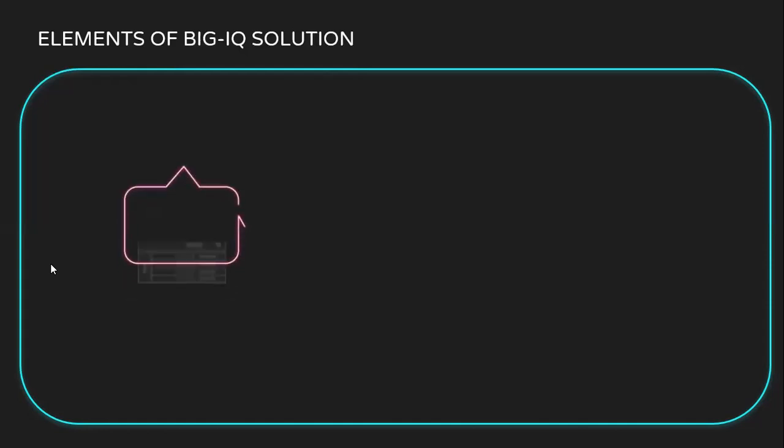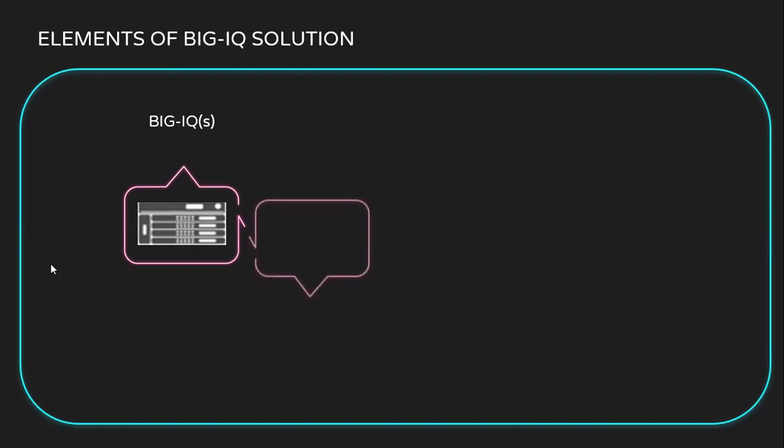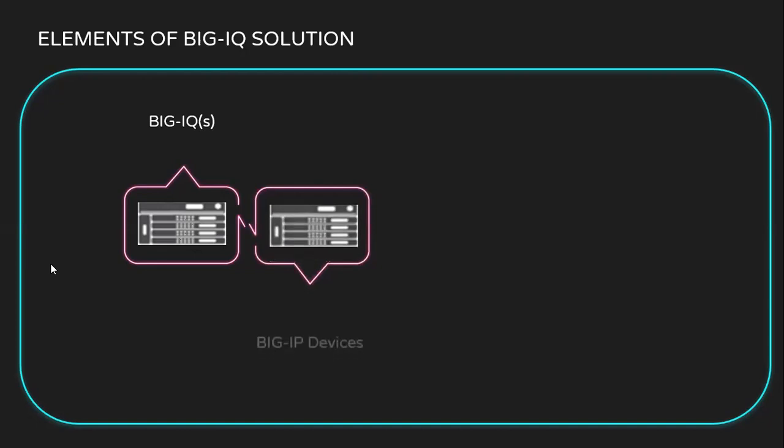Let's look at the elements of the BigIQ solution. The first element would be your BigIQ, the centralized manager. You can have either one centralized manager or be deployed in active standby. The second part is the various BigIP devices which you are going to manage via BigIQ.